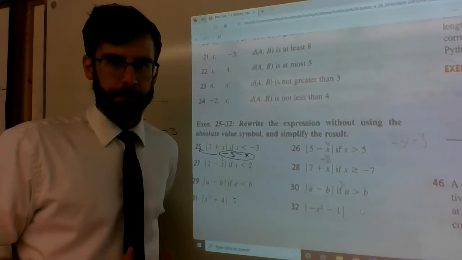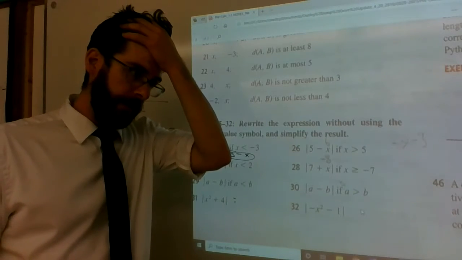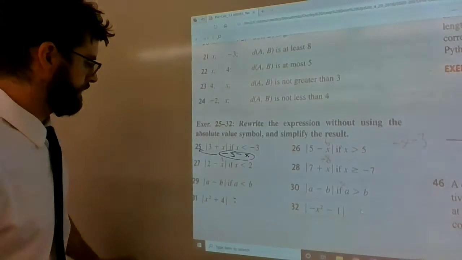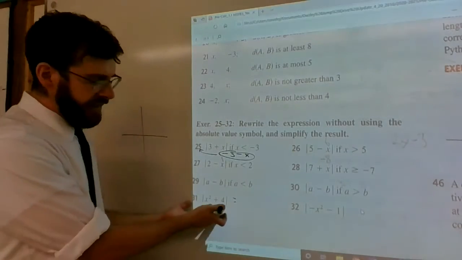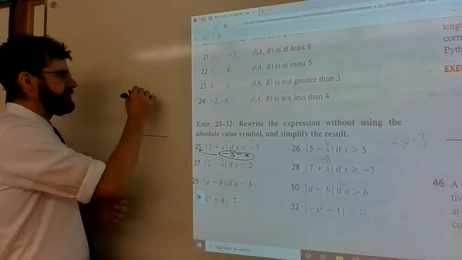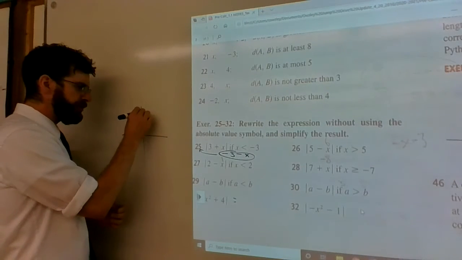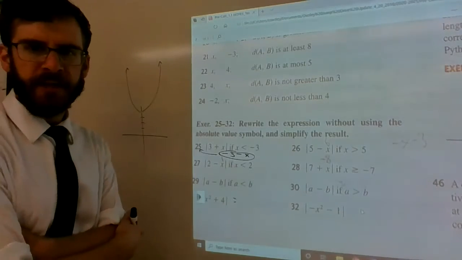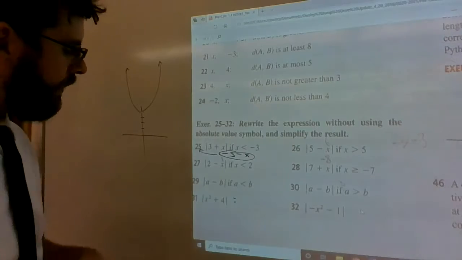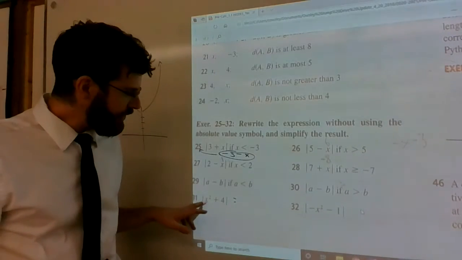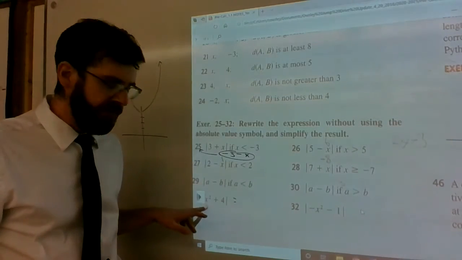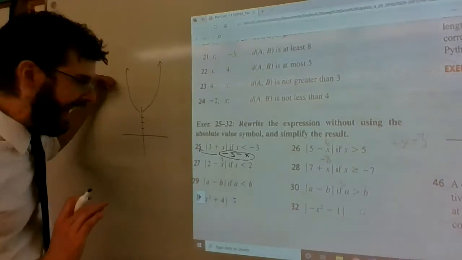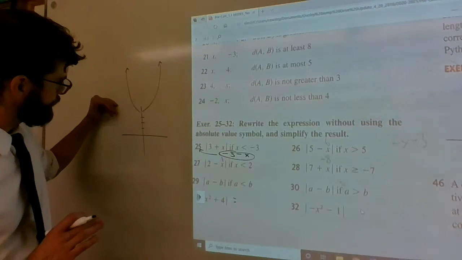So x squared plus 4 is a pretty basic parabola. Remember quadratics, parabolas? If you're just adding 4 to a parabola, it's shifted 4 units up, and that creates that shape. Now, what I wanted to get across is, when you take the absolute value of a parabola that's always above the x-axis, when is the output for this graph going to be negative?